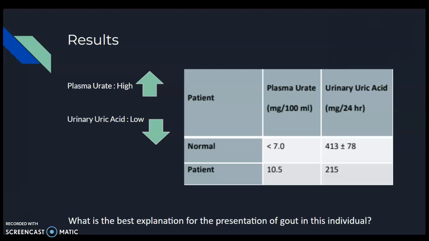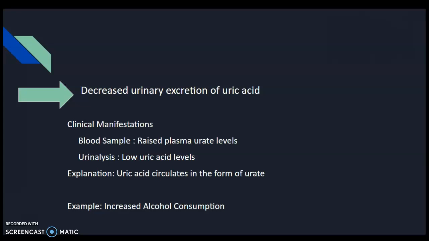And some of his results, which are going to lead us to the diagnosis, are we have high plasma urate and low urinary uric acid. So this leads me to believe that he has decreased urinary excretion of uric acid.